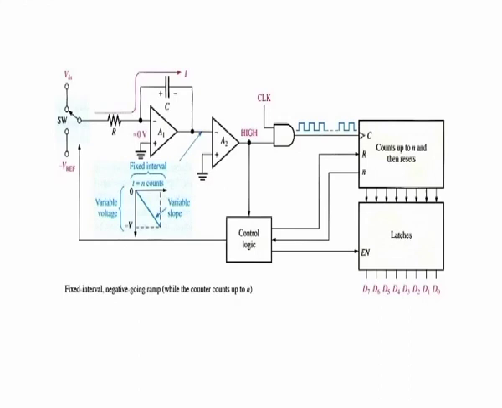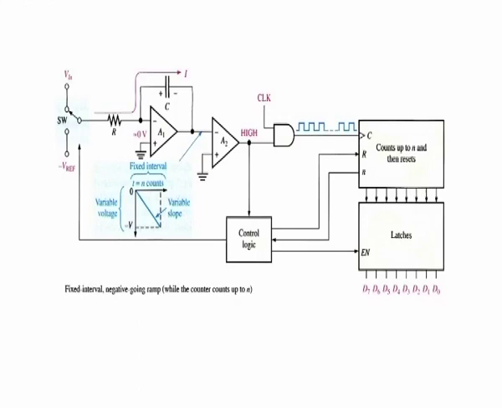Since the inverting input of A1 is at virtual ground, and assuming that Vin is constant for a period of time, there will be constant current through the input resistor R and therefore through the capacitor C.